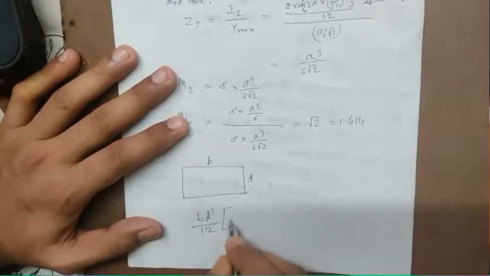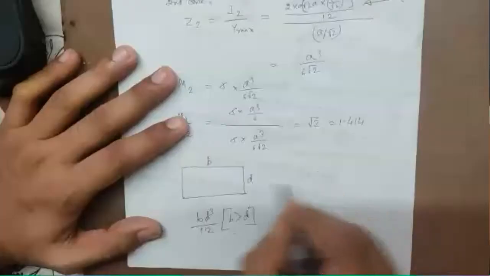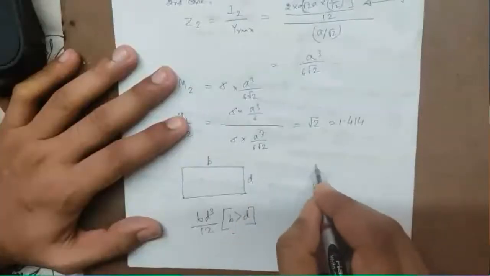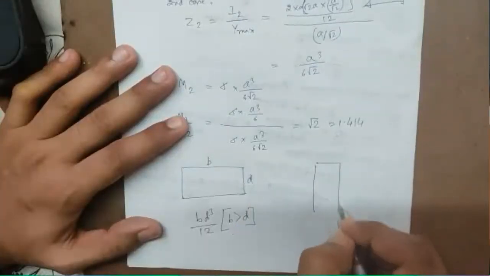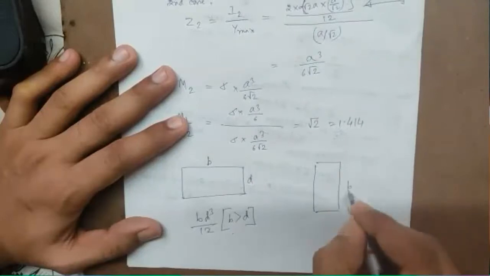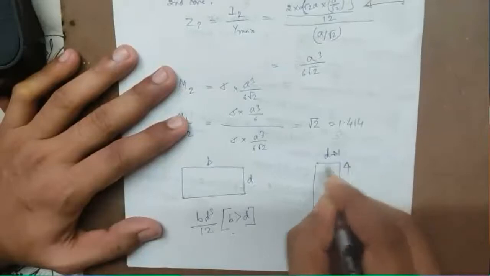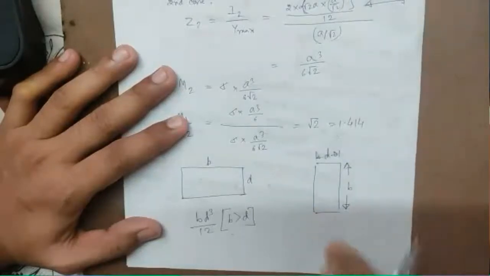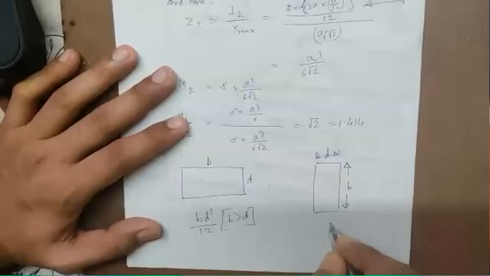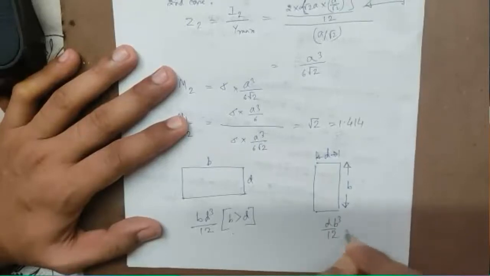In this case B is greater than D, but when we use it by rotating 90 degrees, here this is B and this is D, the same bar, we are just using it rotated by 90 degrees. We will find in this case the moment of inertia will be DB cube by 12.